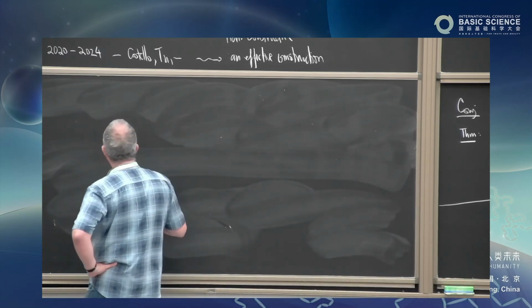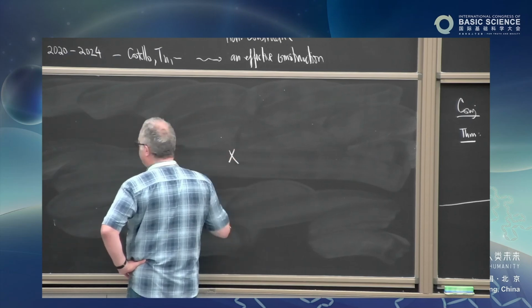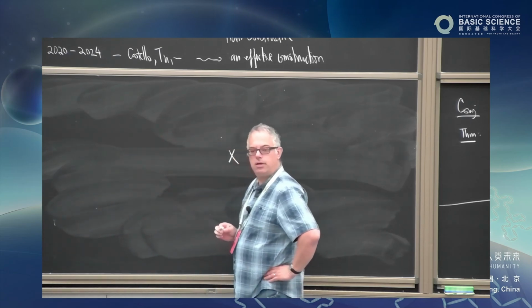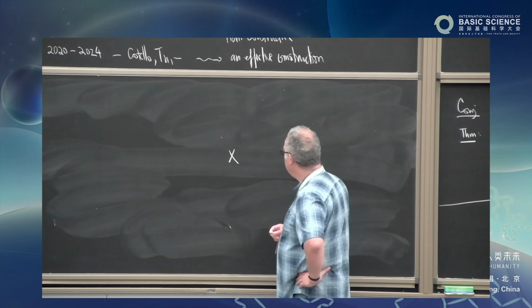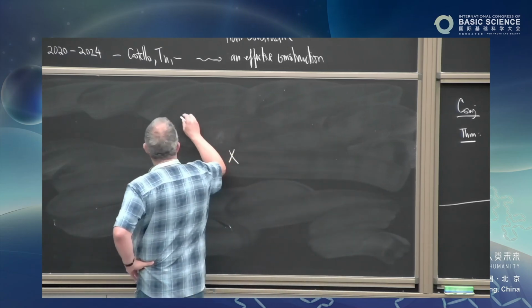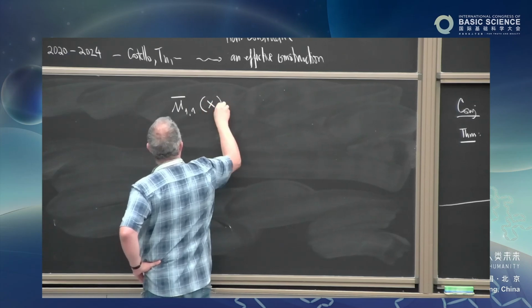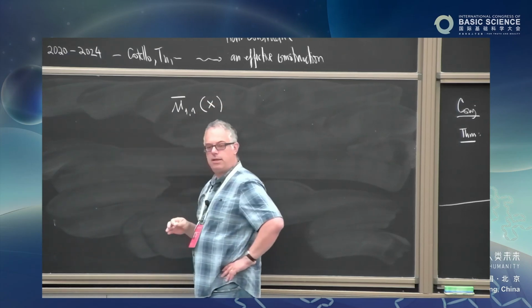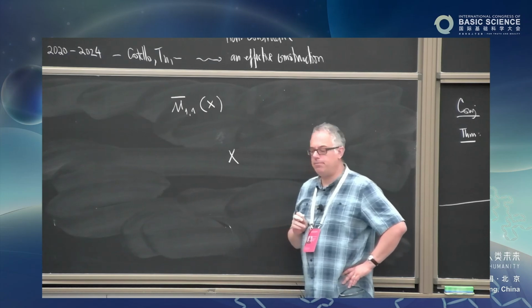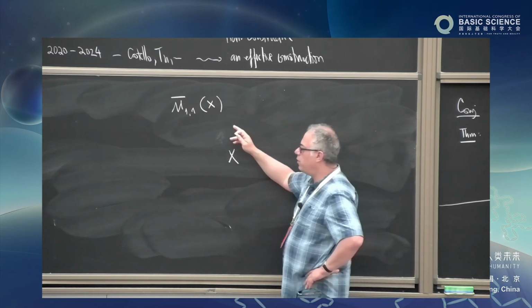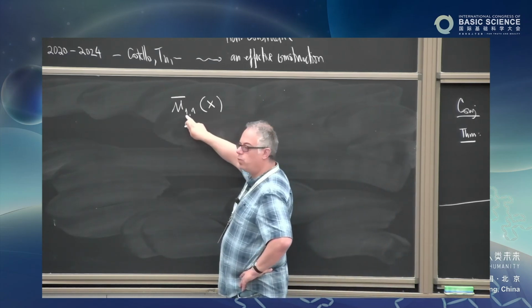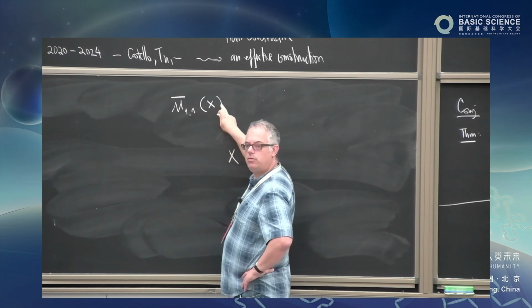But the main idea is that somebody gives you the space X on which you're trying to calculate the Gromov-Witten invariant, and you construct out of it a new space, which I'm going to call just M_{1,1} bar of X, and I'm going to put the beta as being implicit. And this is a space of all maps from a curve of genus 1 with one marked point into X.